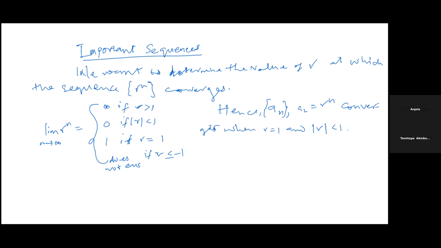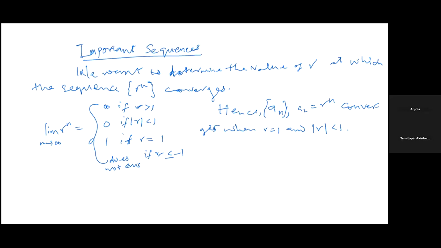R is convergent when R equals 1 and when the absolute value of R is less than 1. The limit is 0 or 1, but the value of R to achieve that is when the absolute value of R is less than 1.